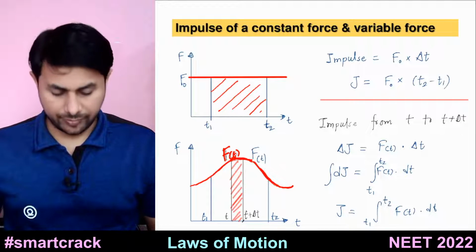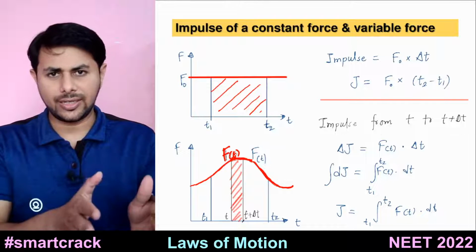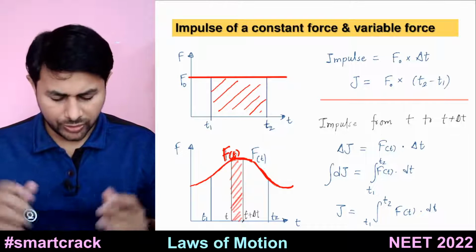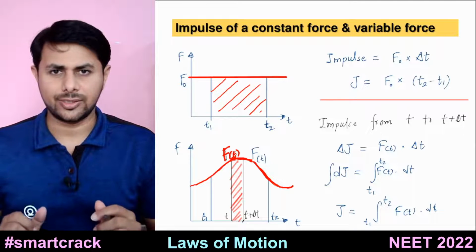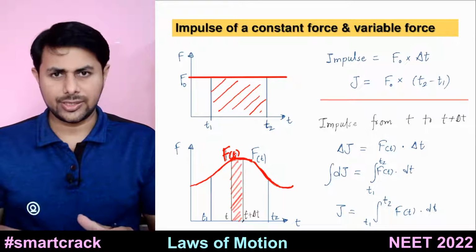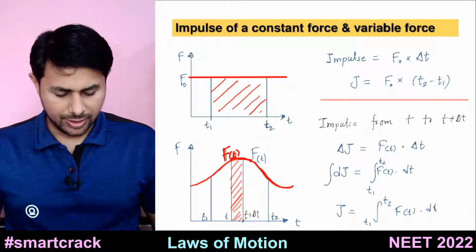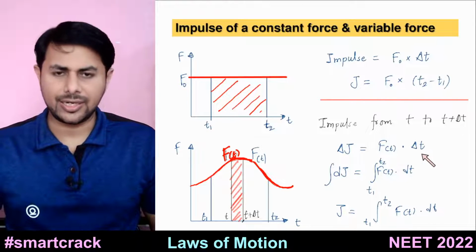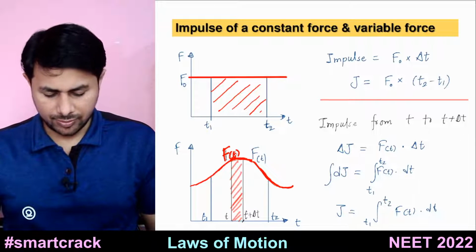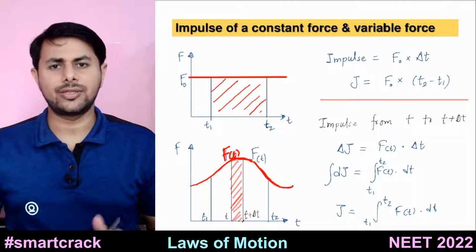Okay, so delta J. Now if you take such small areas and add them all, what do you get? You will get total impulse, the total area under the curve. This process is known as integration. So we integrate F of t dt from t1 to t2, from this time to this time.